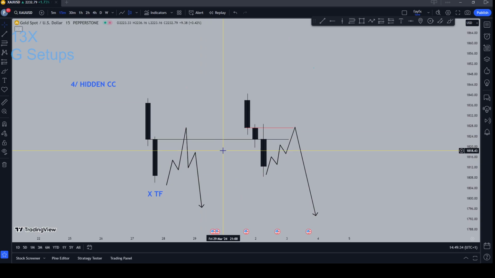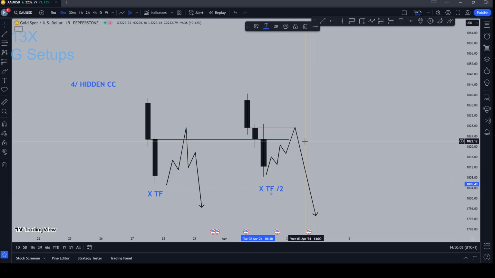For the fourth setup, it is a hidden CC. On X time frame, we have a gap. Then price came up, and we see that it is reacting from nothing here. But when we go one time frame lower, what are we going to find? For sells, there is a gap CC just above the main level.